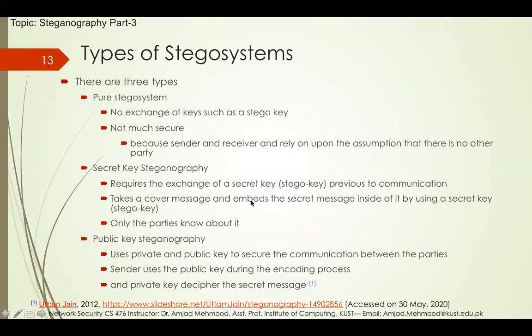It takes a cover message and embeds the secret message inside it using the stego key. Only the parties who know that key can understand the message. Whereas public key steganography uses a private and public key to secure communication between the parties. The sender uses the public key during the encoding process, and the private key is used to decipher the secret message.